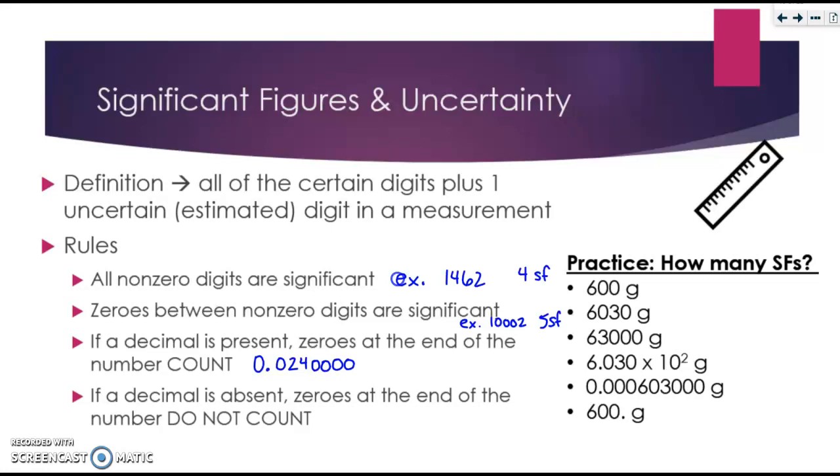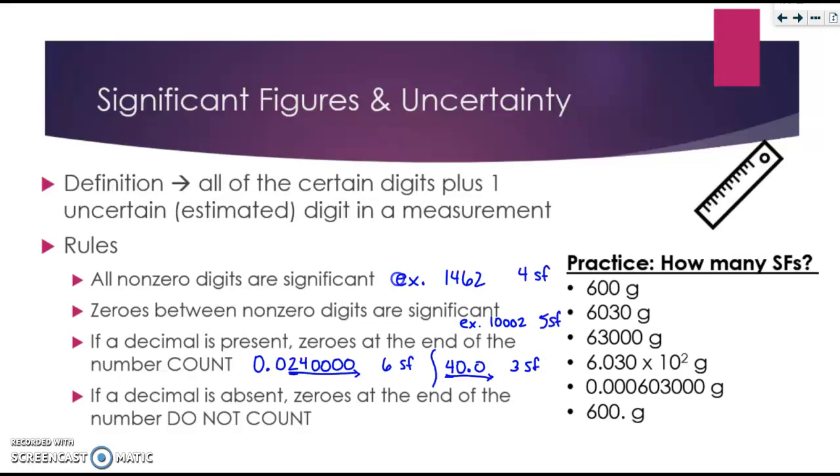You're going to go to the first one that's not a zero, which is the 2. And everything, including that 2 after it, counts. So this would be 6 sig figs. This also holds true if the number was something like this, 40.0. Again, the first non-zero digit you see is the 4. That 4 and anything after it counts because of that decimal. So this one is 3 sig figs.